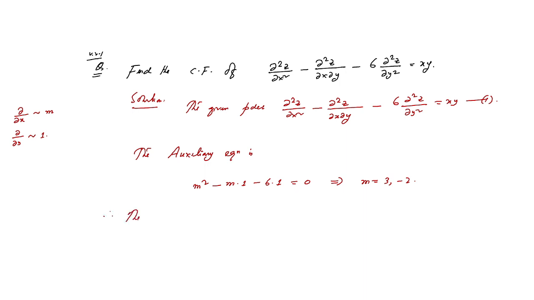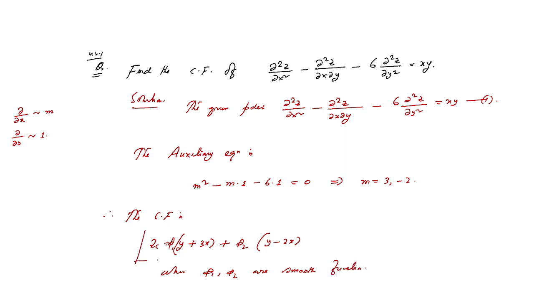So therefore the complementary function is zC equals to phi1(y plus m1 x), so phi1(y plus 3x) plus phi2(y minus 2x), where phi1 and phi2 are smooth or differentiable functions. Okay. So this is basically the complementary function.